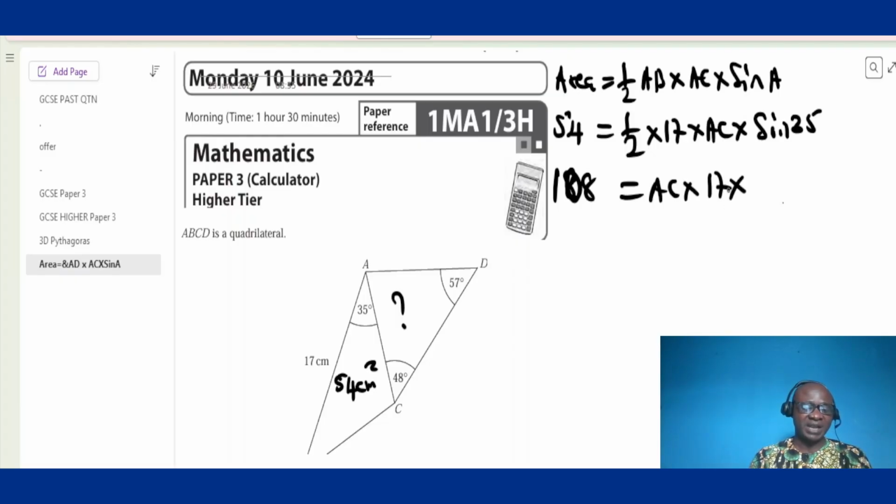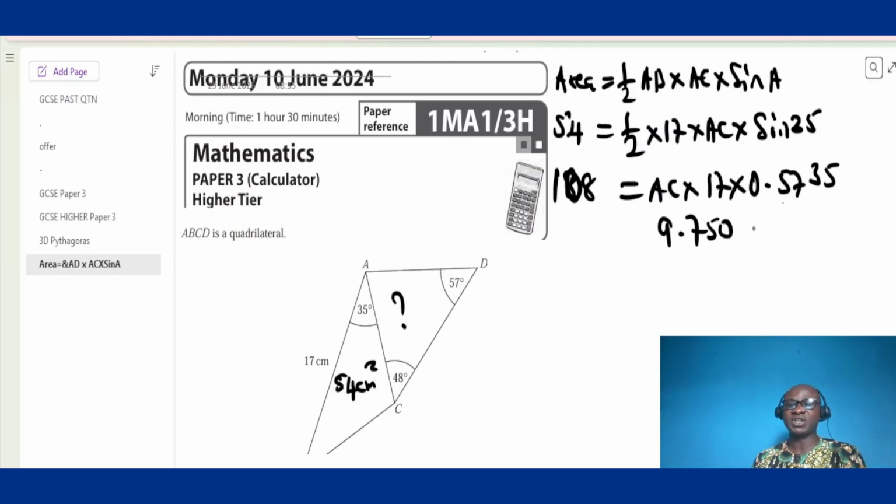The value of sine 35 is 0.5735. We multiply it by 17 and it is going to give me exactly 9.750 times AC equal to 108.